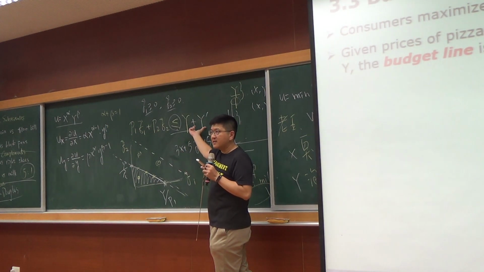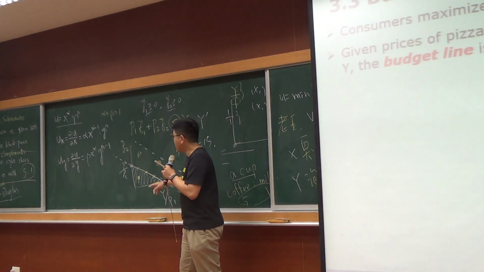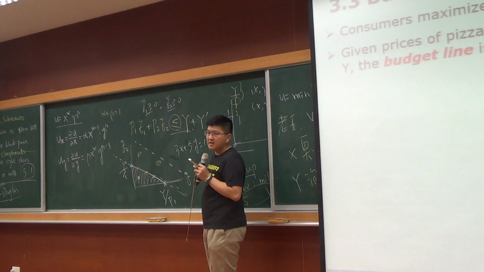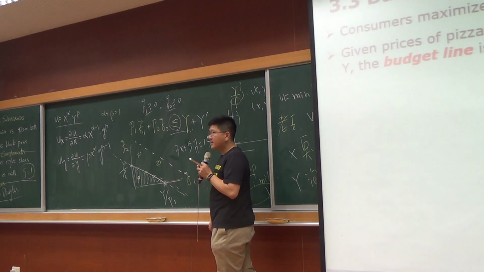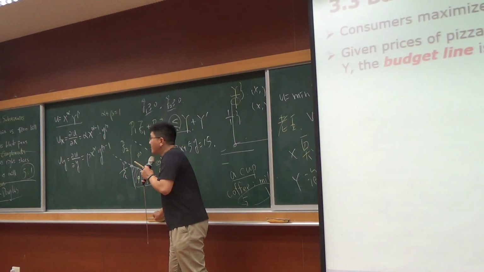Is that clear? So the more money you have, the larger the triangle is. All right?